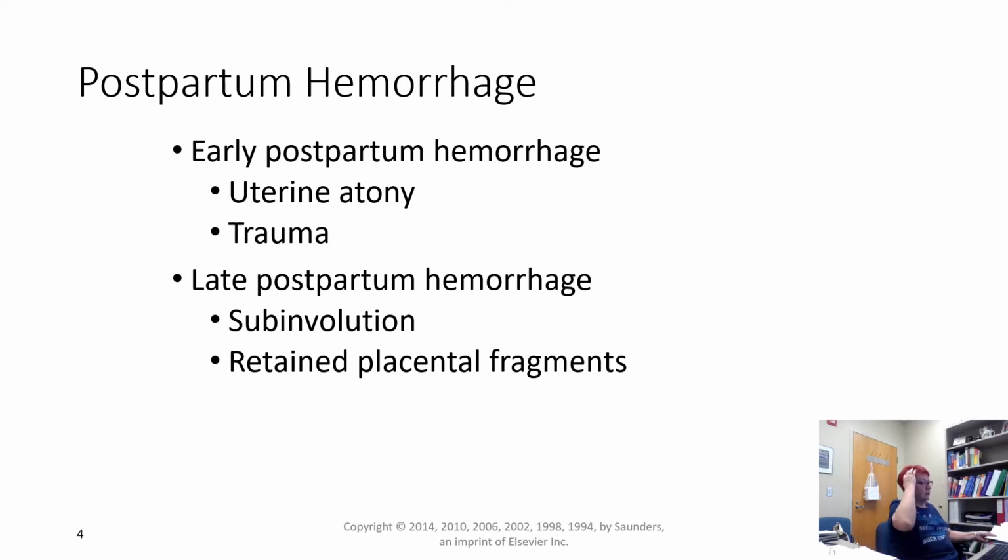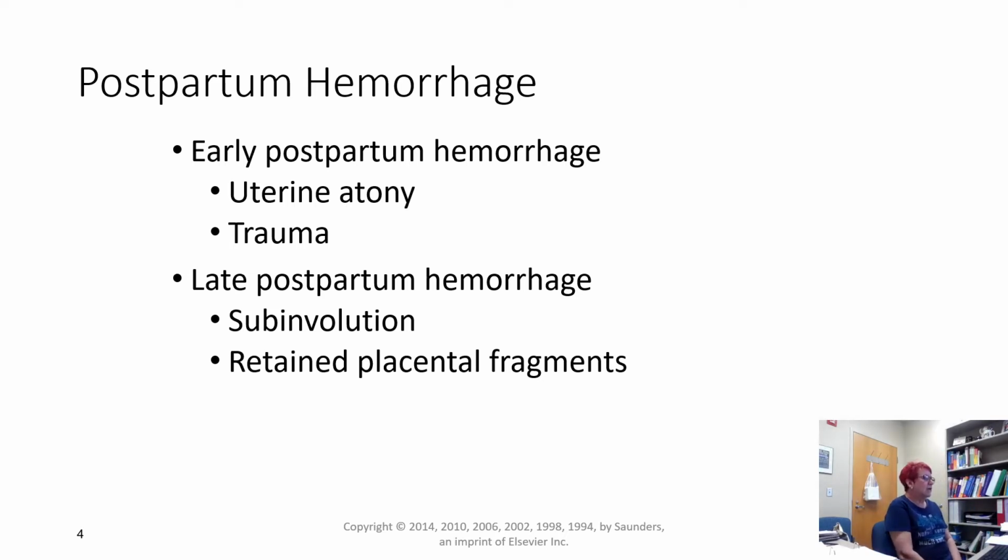And then, of course, we also have what we call the 4 T's that can be a problem with postpartum hemorrhage, primarily the T's of tone, which we already talked about, the trauma we've talked about, the tissue. There might be some retained tissue, and then the last one doesn't really have much to do with hemorrhage, but other complications of thrombus.